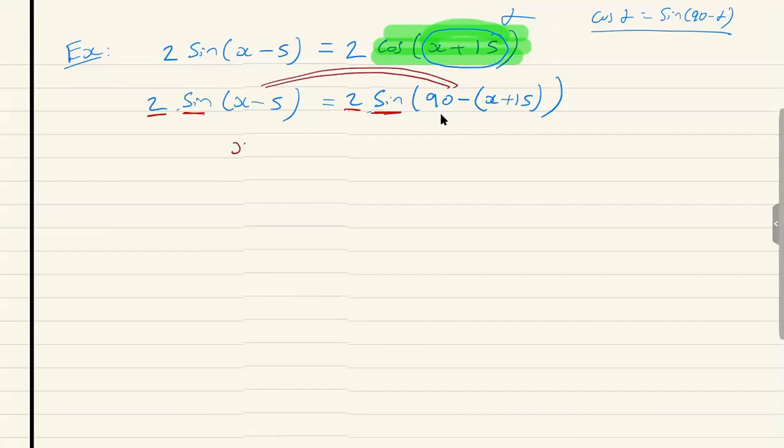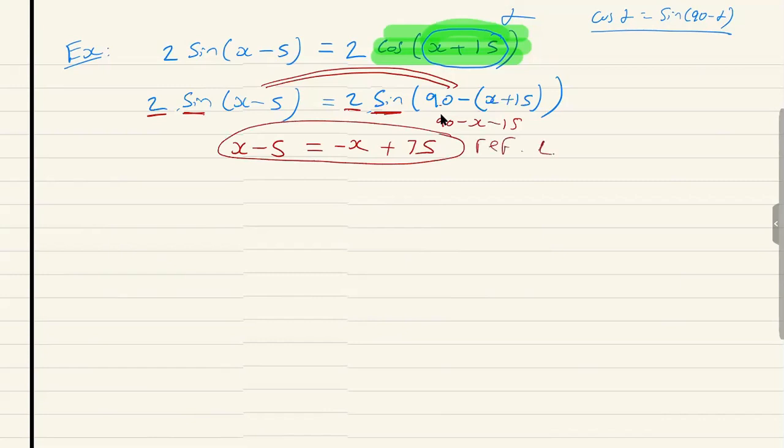So x minus 5 is my angle, must be equal to 90 minus x minus 15. Let's simplify it quickly: negative x plus 75. This is my reference angle.